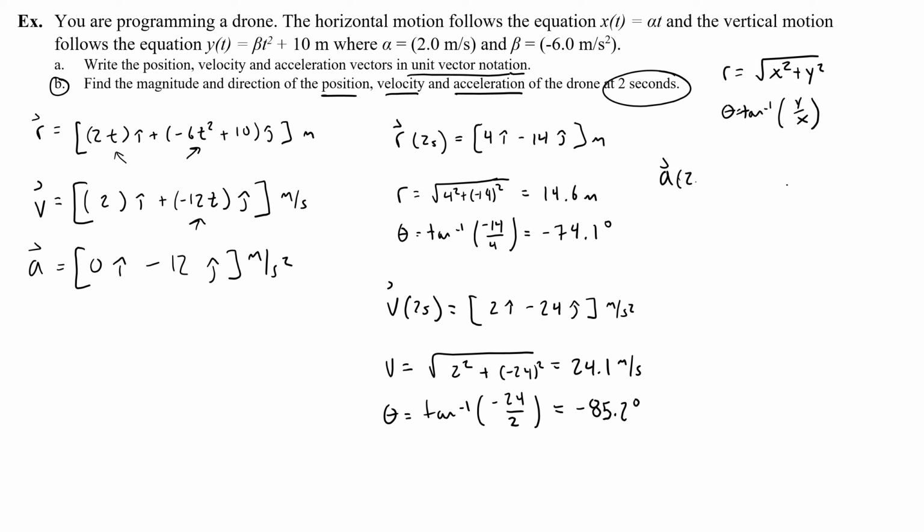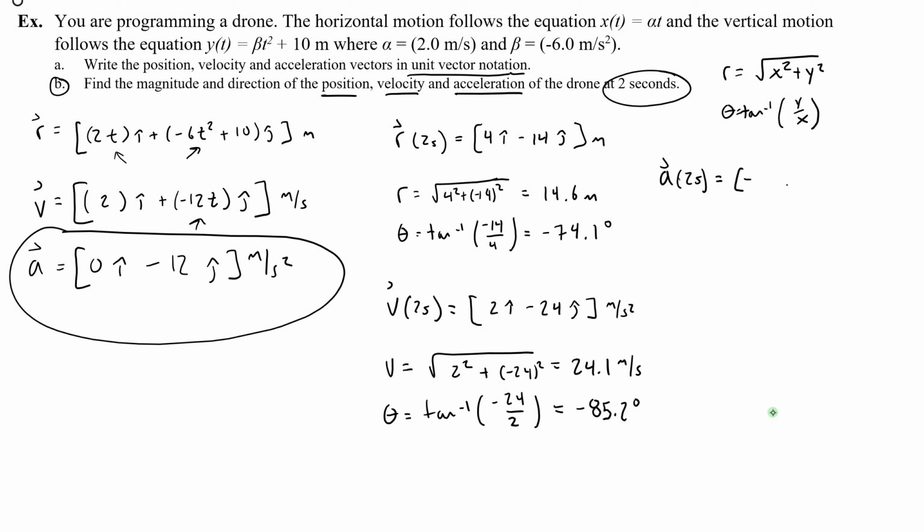If I want to do the acceleration at 2 seconds, then I plug in. Well, if you look at it, it doesn't depend on time because neither of those things has a t in it. It's just straight up negative 12j.